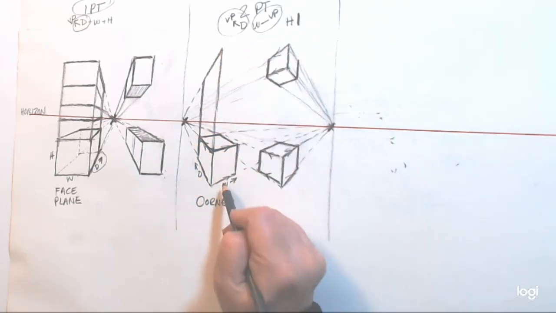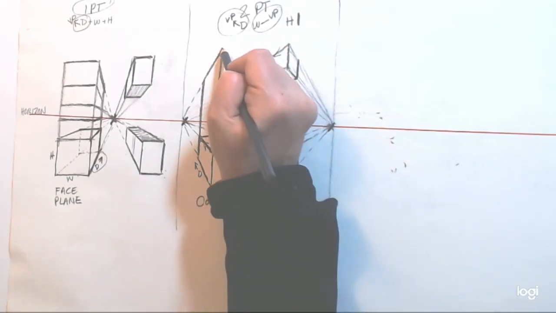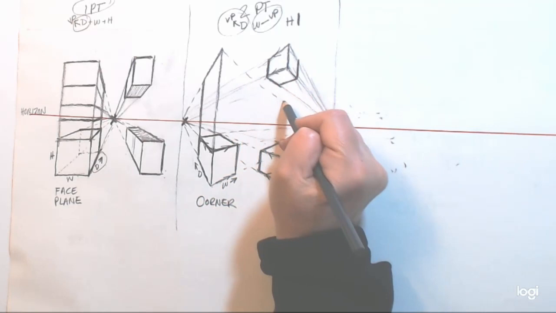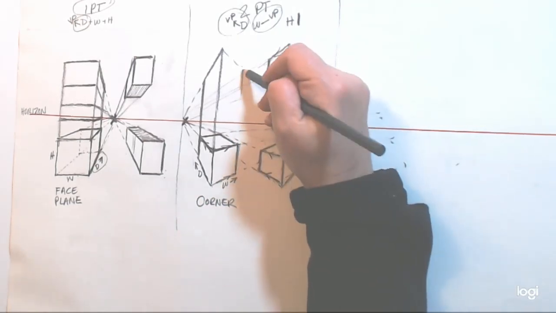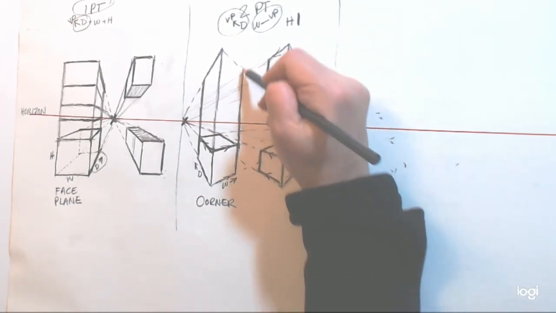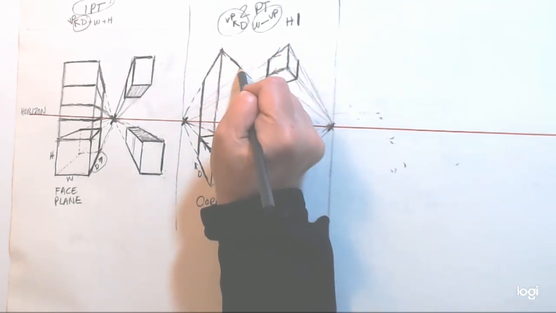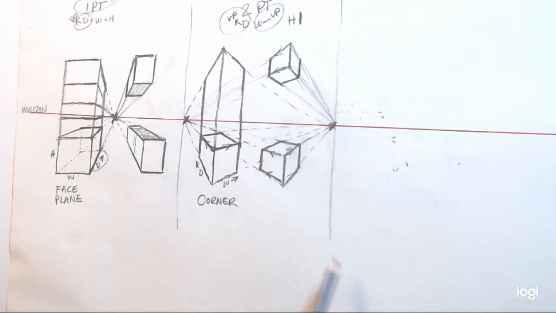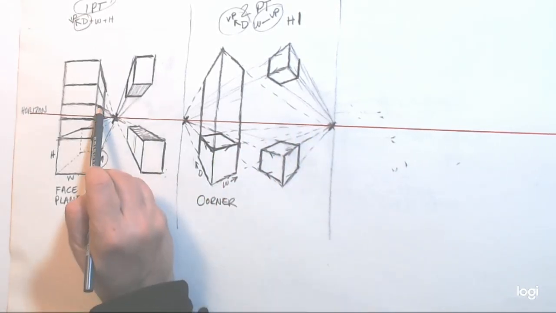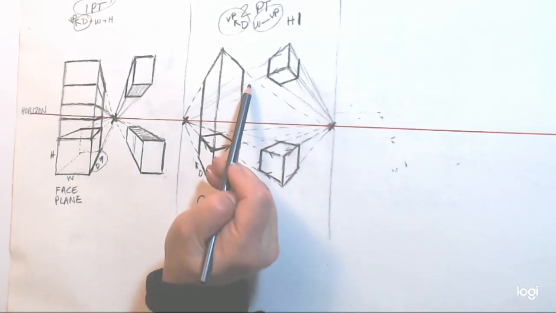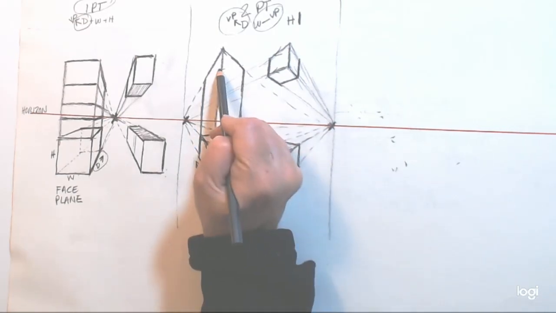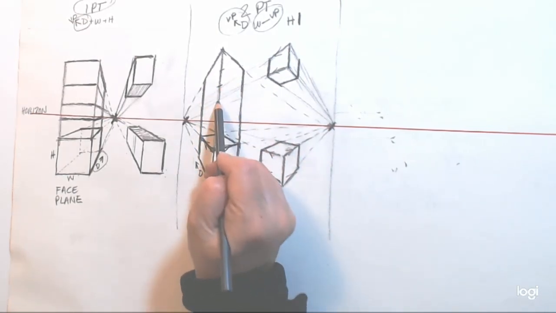This side of the building went to that vanishing point. Height is still vertical. Okay. And just like over here, anything that goes to a vanishing point, maybe you're going to measure this off. Maybe this is going to be every half inch or whatever.